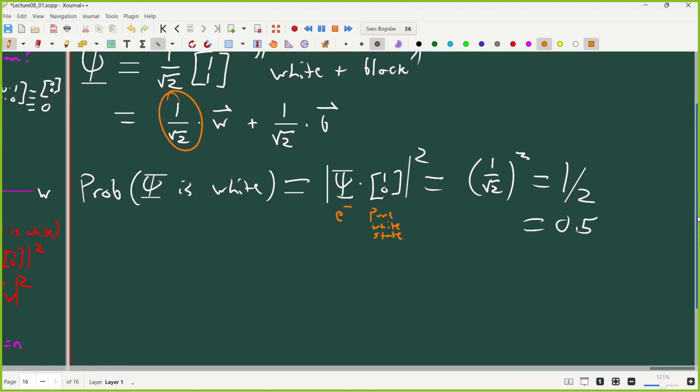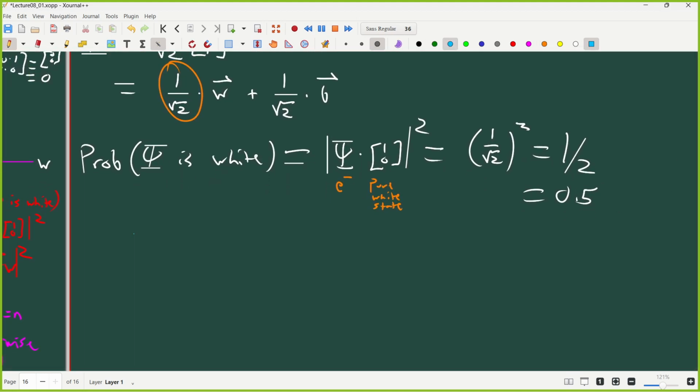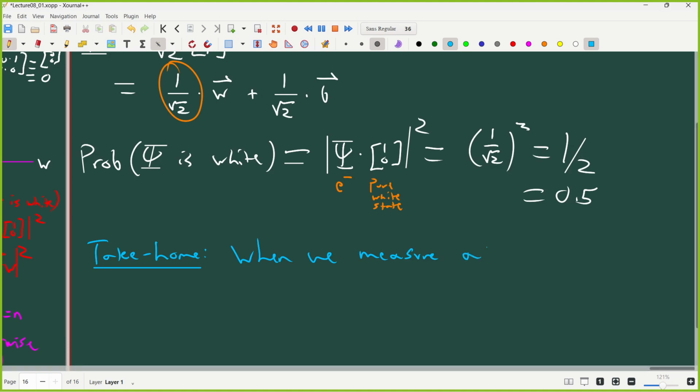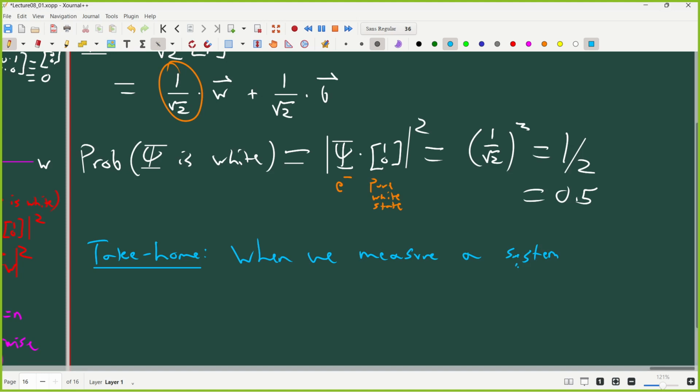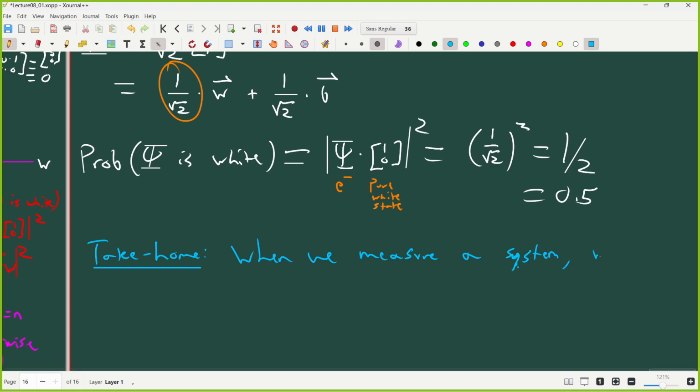So the conclusion of this, a take-home point: when we measure a system, we will only receive one of the possibilities.